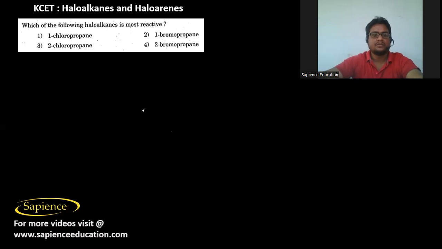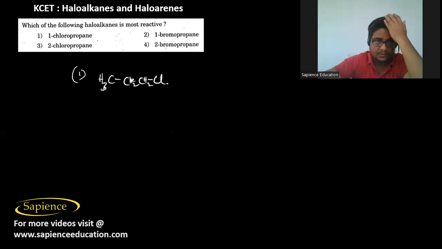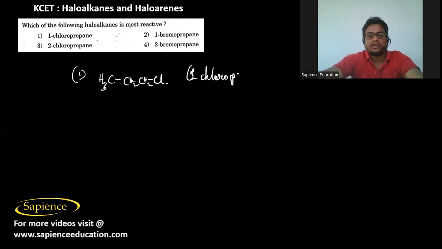And here it is asked which of the following haloalkanes is most reactive. The first one is 1-chloropropane, which is CH3CH2CH2Cl.